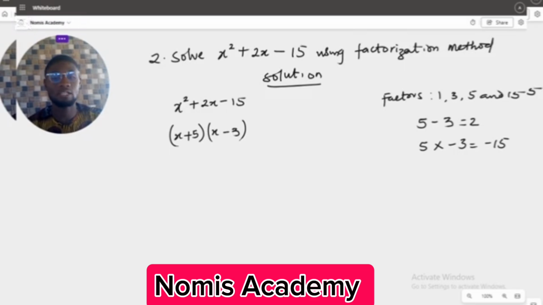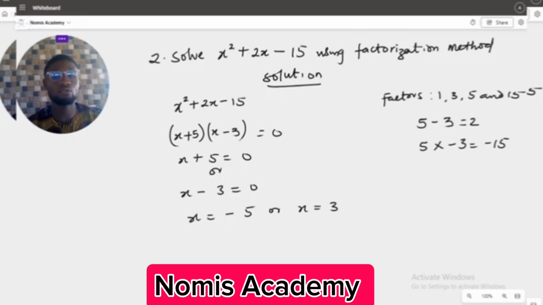Now that I have factorized, remember that it is equal to 0. So I can say that x plus 5 is equal to 0, or x minus 3 is equal to 0. So x is equal to minus 5, or x is equal to 3.